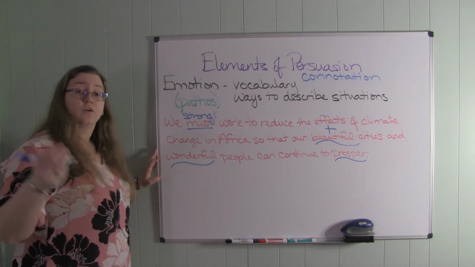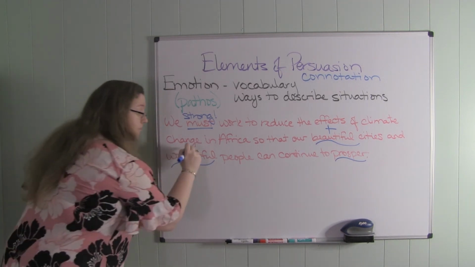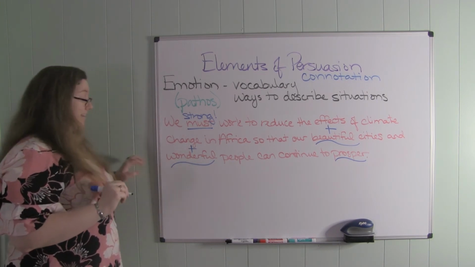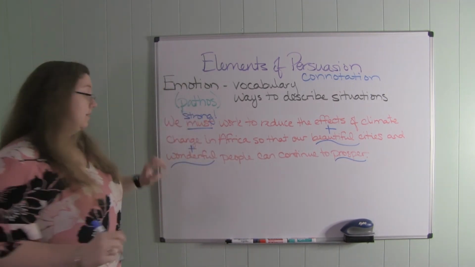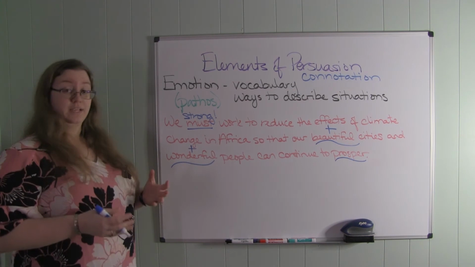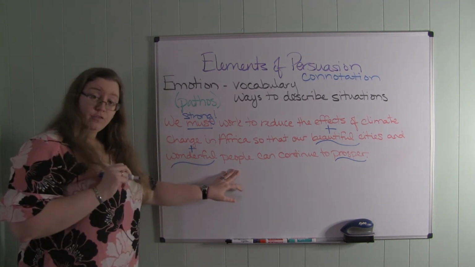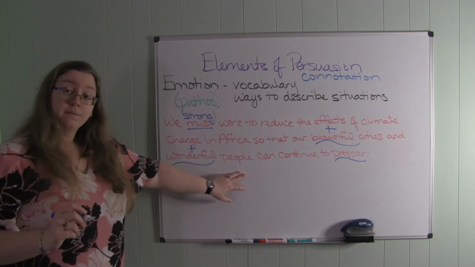When you hear or see the word wonderful, you may also have many more positive associations. Wonderful, again, similar to beautiful. Wonderful, it is spectacular, it is again lovely. So we have beautiful cities and wonderful, kind, caring people.